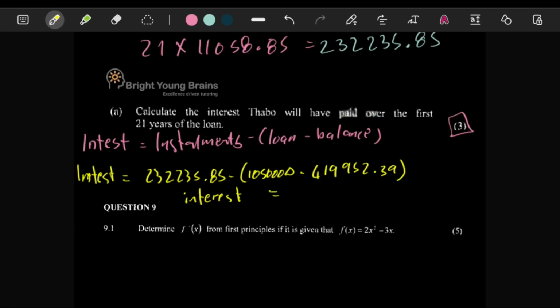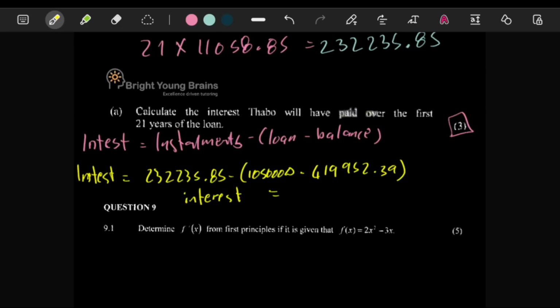Anyways, the final answer here, this value looks way too big. It just doesn't make any sense, this value. But I trust my answers.